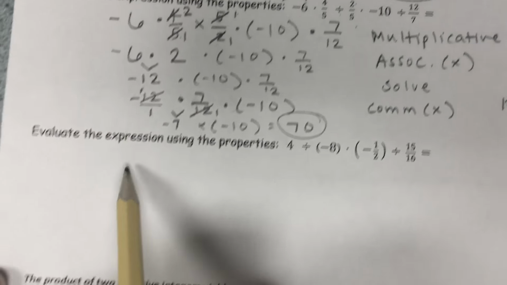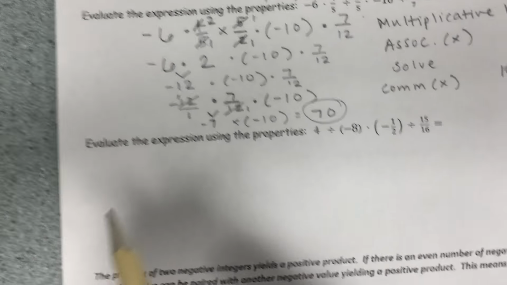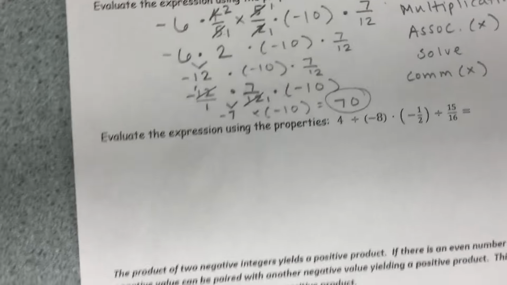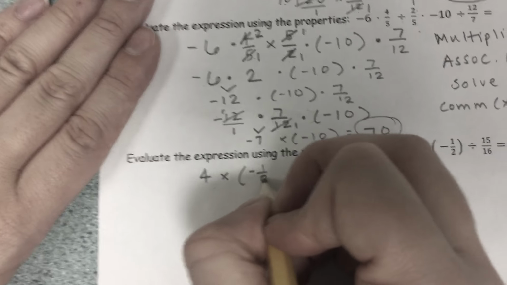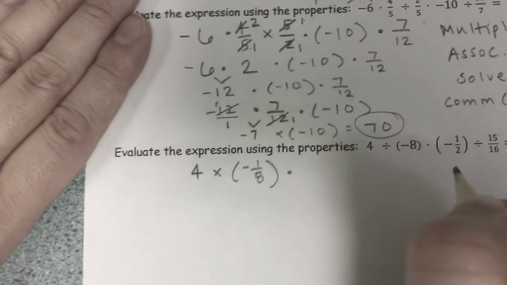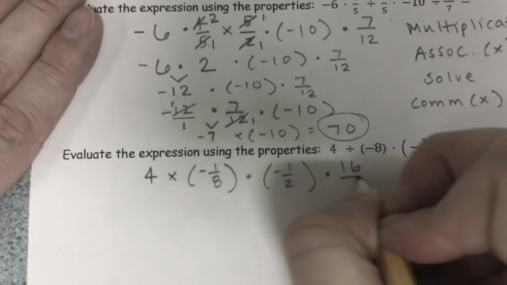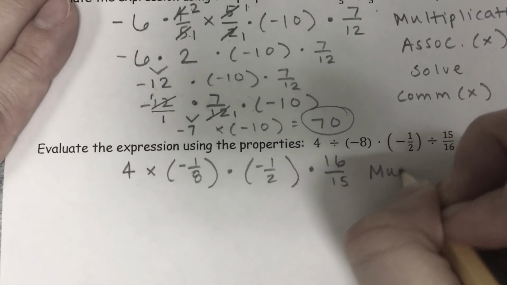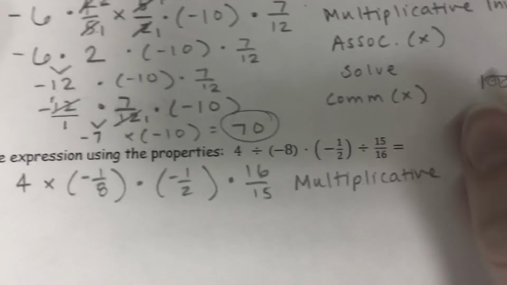All right, we're going to do one more example here. Once again, we're going to start with the multiplicative inverse. So we're going to take 4 times negative 1/8 times negative 1/2 times 16 over 15, the multiplicative inverse.